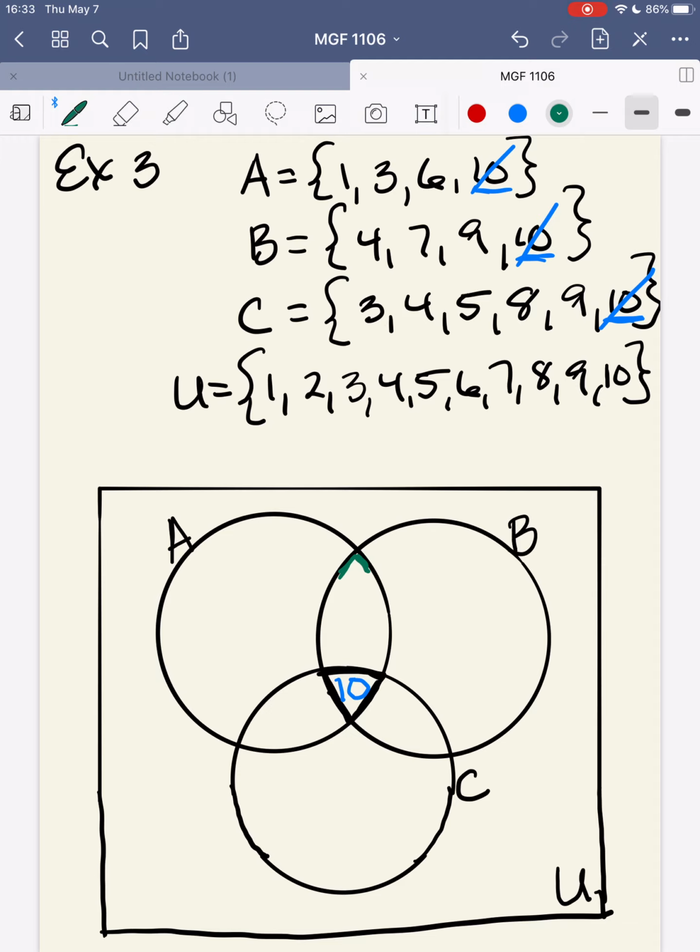If I look, A and B have absolutely nothing in common. There is not one thing left over in both A and B. Now remember, the 10 isn't common in all 3. We don't count that. That's why we took them out. There is nothing in common here. So there's a big 0.